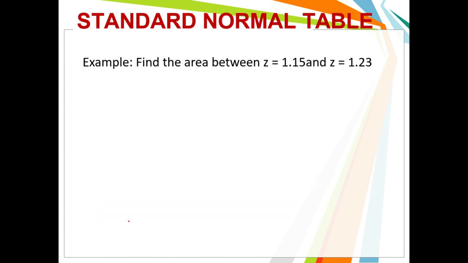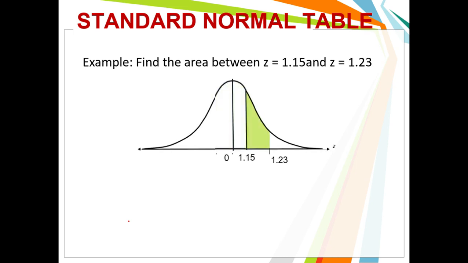Okay, so another one. Ito naman dalawang positive values, 1.15 and 1.23. So yung ating area hindi naka-base sa 0. Instead, naka-base siya sa dalawang positive values ng z. So paano siya? That is simply the difference ng area ng 1.23 and 1.15. Parang nakapatong siya. Meron munang 1.23 and then nakapatong yung 1.15.